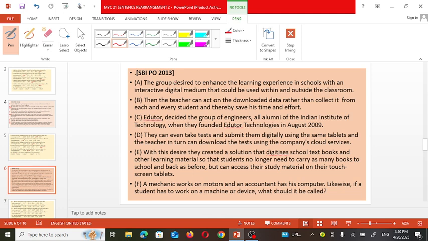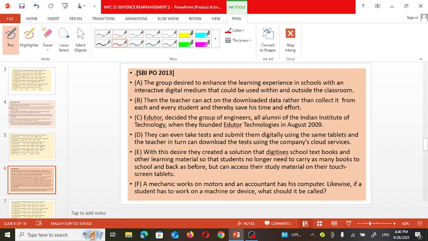The group desire to enhance the learning experience in the schools with an interactive digital medium that could be used within and outside the classroom. Means from the first statement itself, we are able to understand that this paragraph is revolved around the method or the pedagogy used in the school.